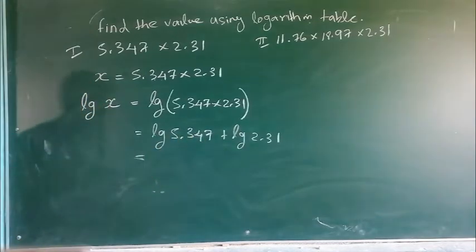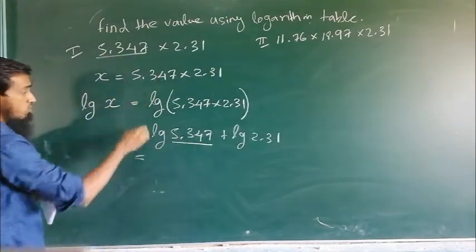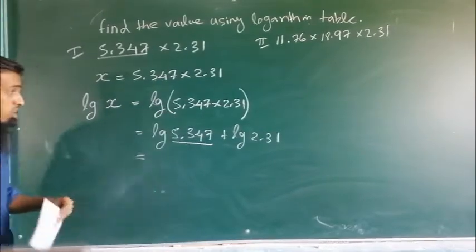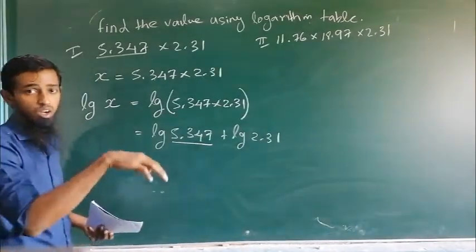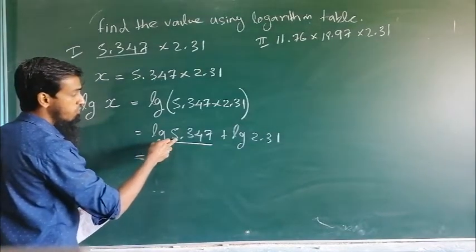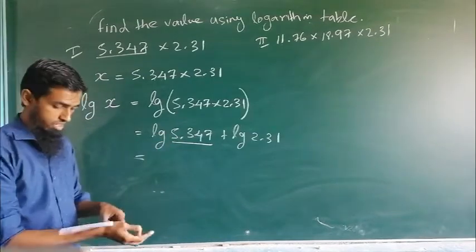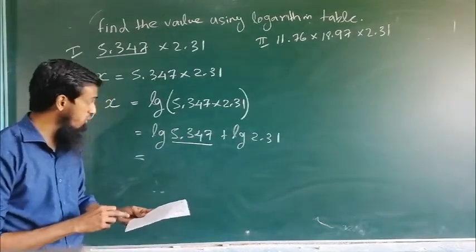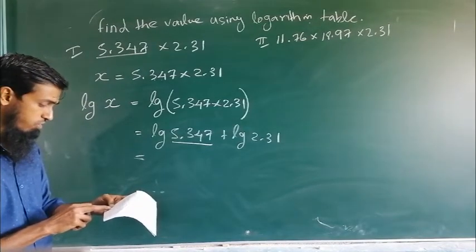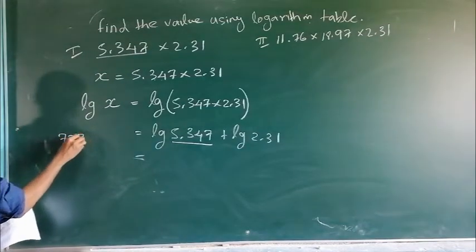Now before the given values we have an LG mark. Now you can use the logarithm table. The first step we studied is how to find logarithm. So you have to find the logarithm for 5.347. The first two digits you know are the rows. So 53rd row, 4th column, we have 72, 75.